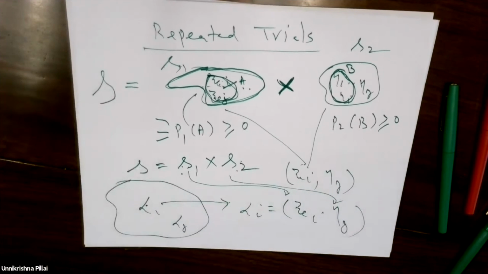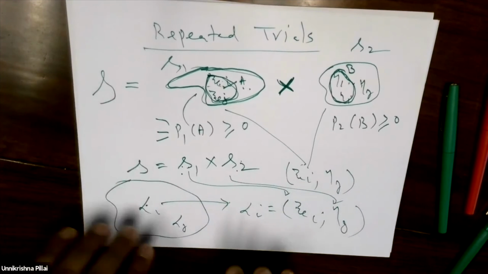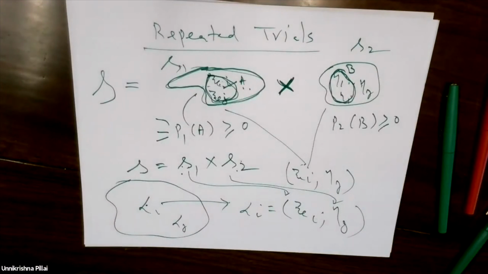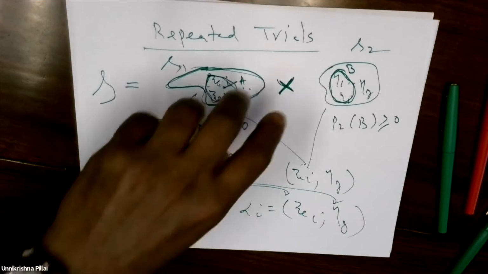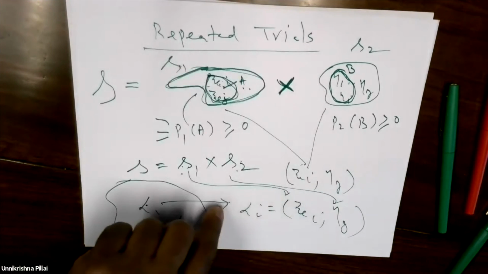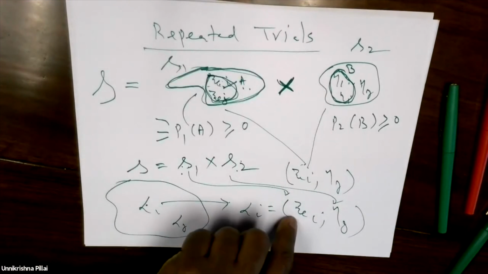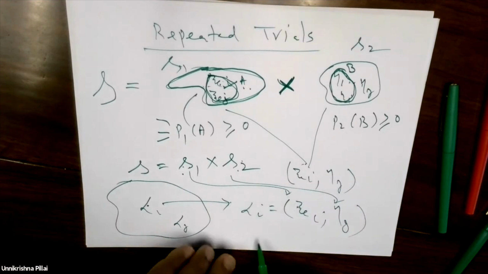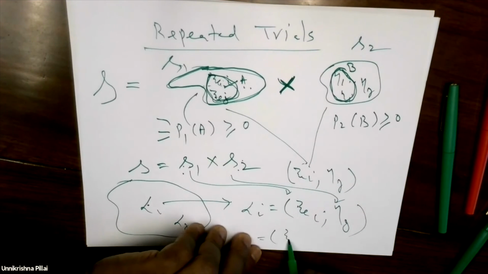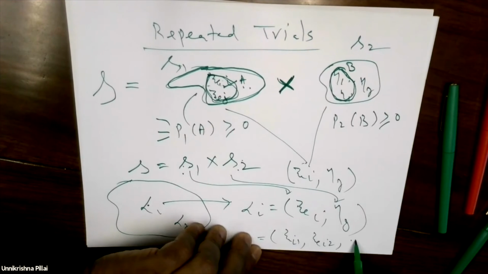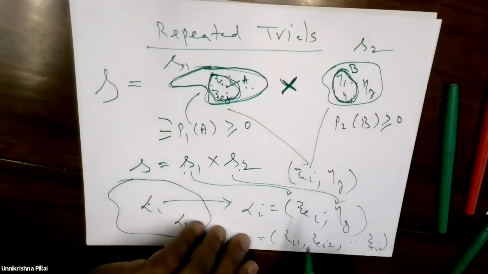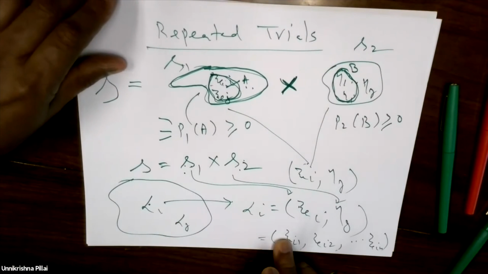And this is just for two experiments. If you are combining multiple experiments, this will be like a coordinate system, a Cartesian product, and any elementary outcome here will be an n-tuple. So in general, this will be psi i1, psi i2, etc., psi iN, each of these referring to one of these experiments.